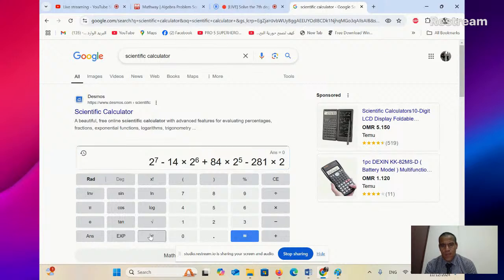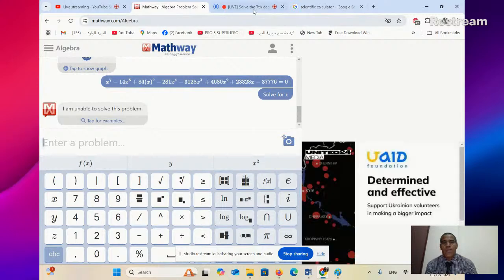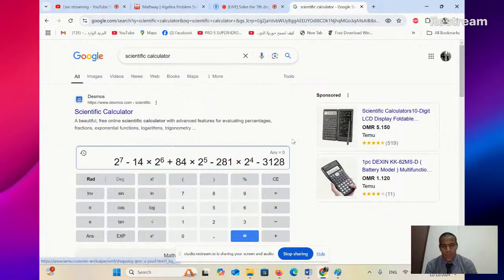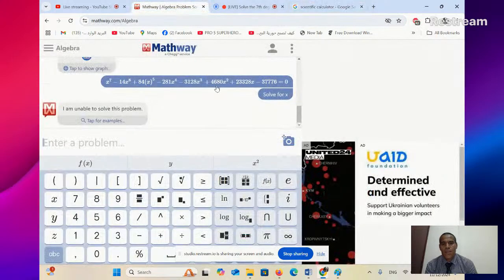Then after that I will obtain minus 3128 times 2 raised to the power 3.